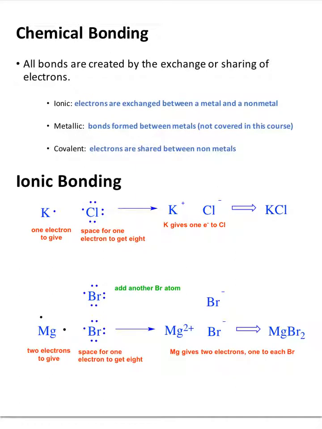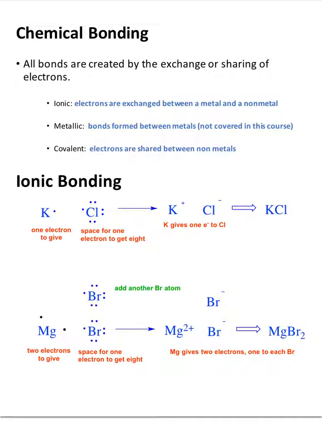Looking at another example, take magnesium and bromine, and look at their valence electrons. Magnesium has 2 electrons in its valence shell, and those are electrons it's going to want to give. Bromine only has a spot for 1 electron.